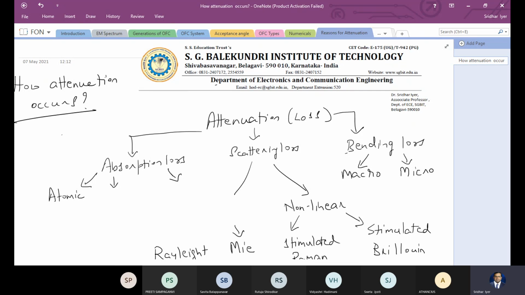If we are given the input and output power, we can find alpha, the attenuation constant in dB per kilometer. Vice versa, if the attenuation constant and one of the powers is given, we can find the other power. There are also questions based on finding the length of the fiber, provided both the power values and alpha are given. We have solved numericals based on that.